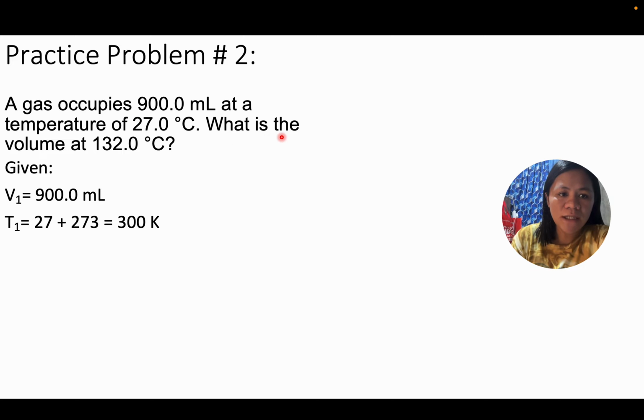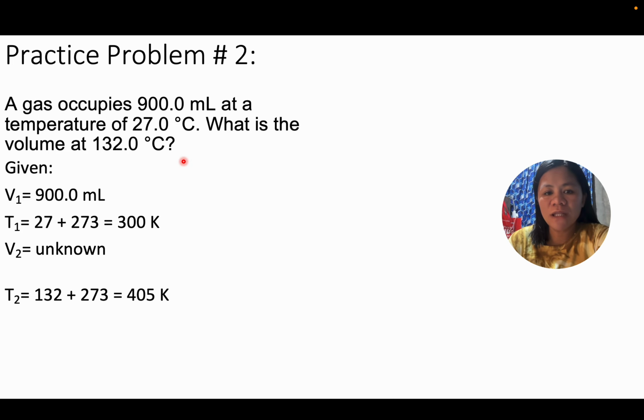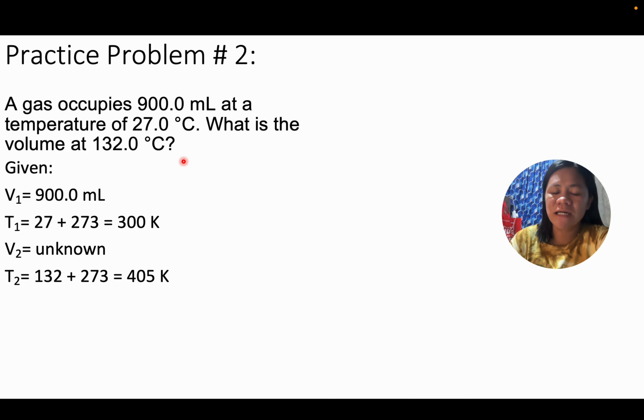And of course, what's asked is the volume, so that would be our unknown. Our T2 is 132 degrees Celsius. We add 273 and get 405 Kelvin.